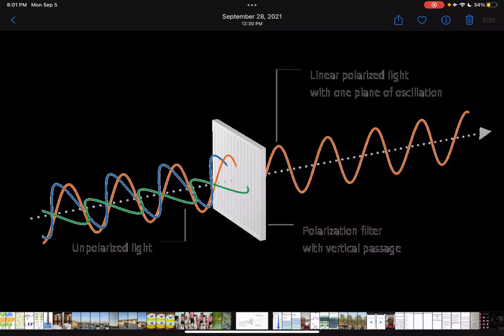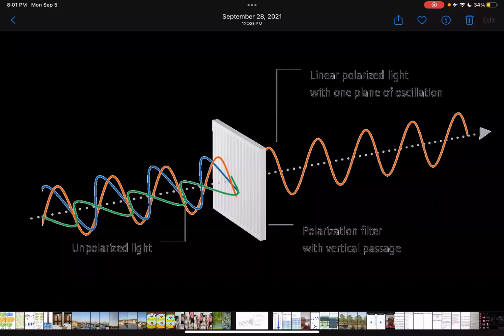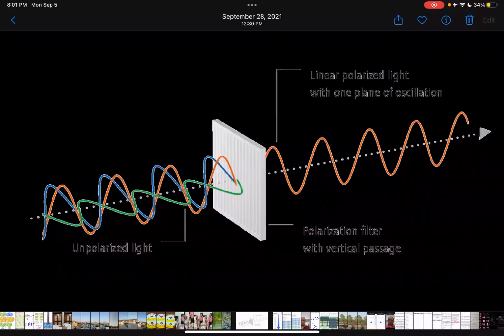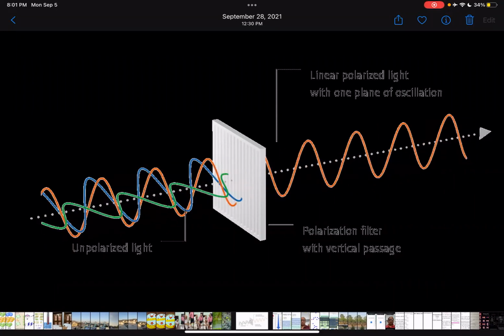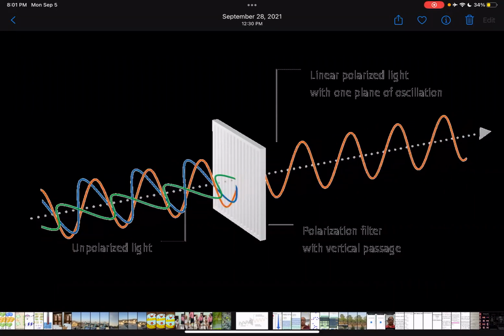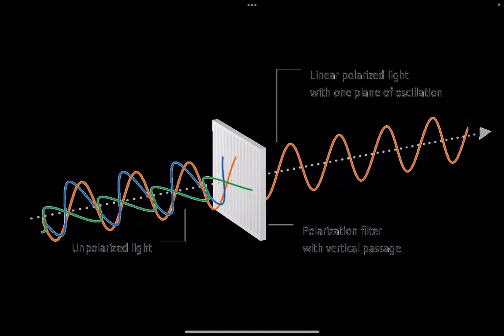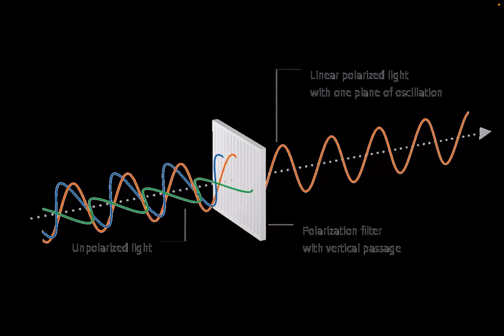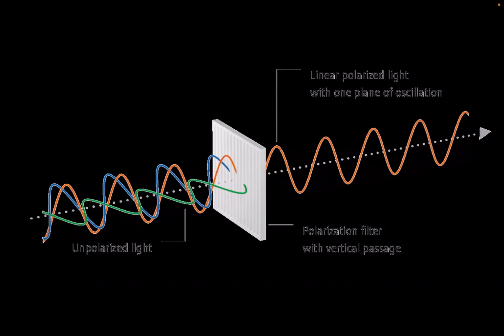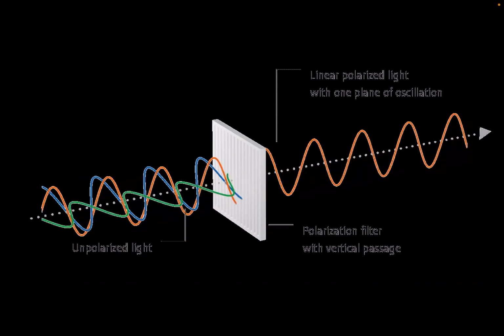That is non-polarized light, and once you pass it through a polarizer, depending upon the crystals of the polarizer, it will let only one plane of light pass through, and the other light is blocked.